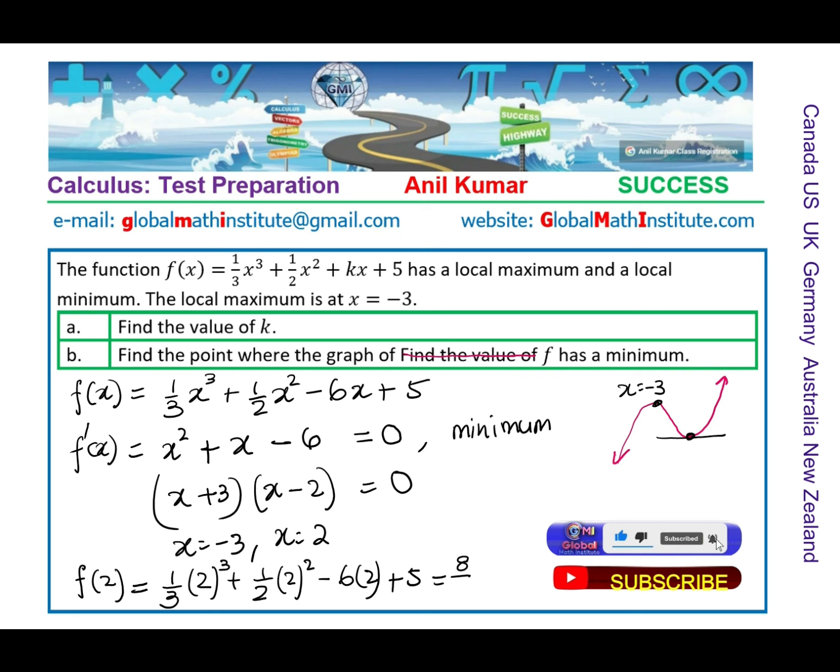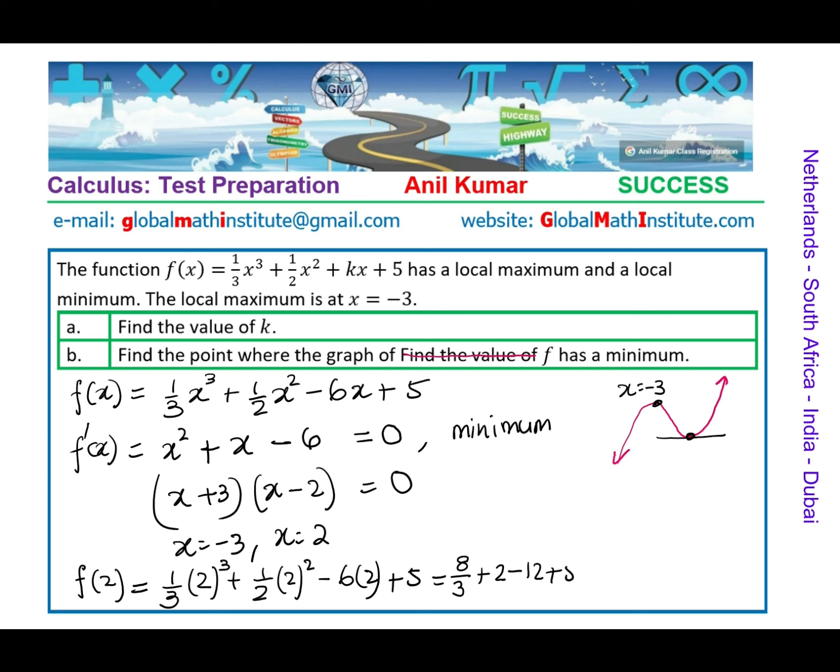So we have 8 over 3 plus 4 over 2 is 2, right? Minus 12 plus 5. So that is, let's add them up. So we have 5 plus 2 minus 12, and then to this we'll add 8 over 3.